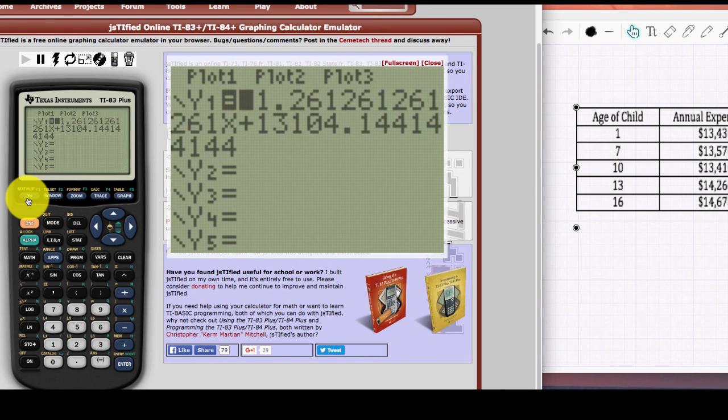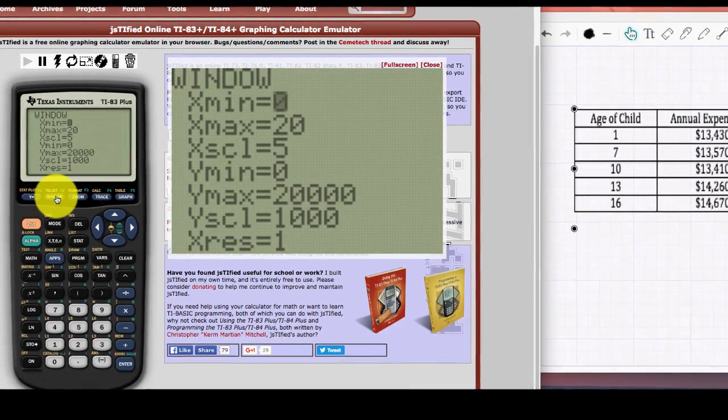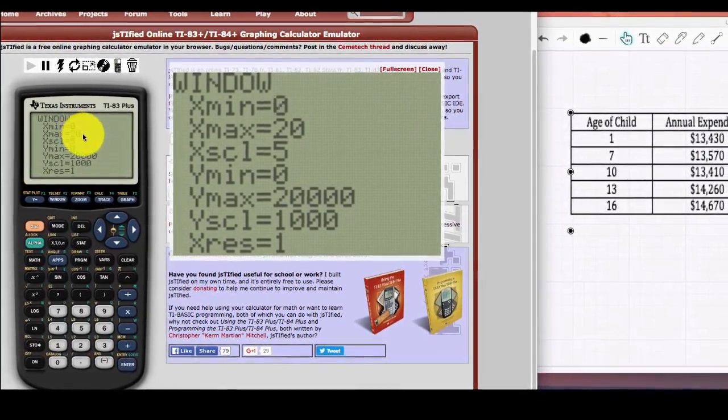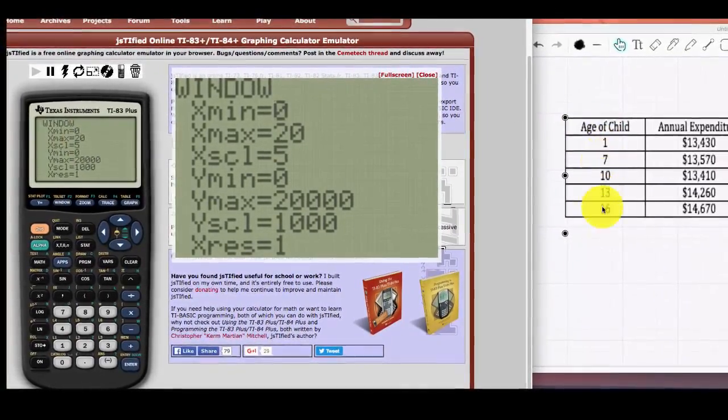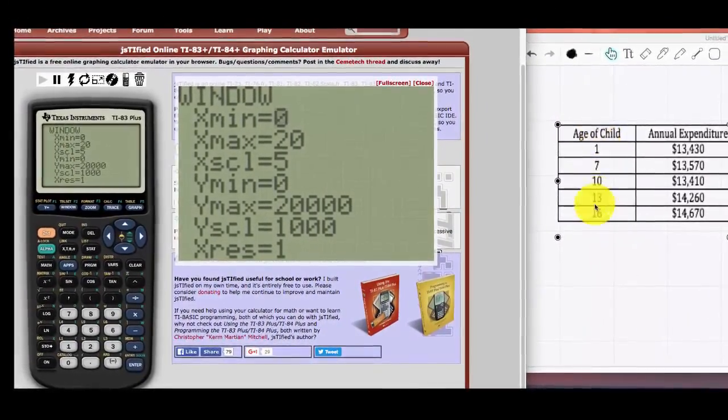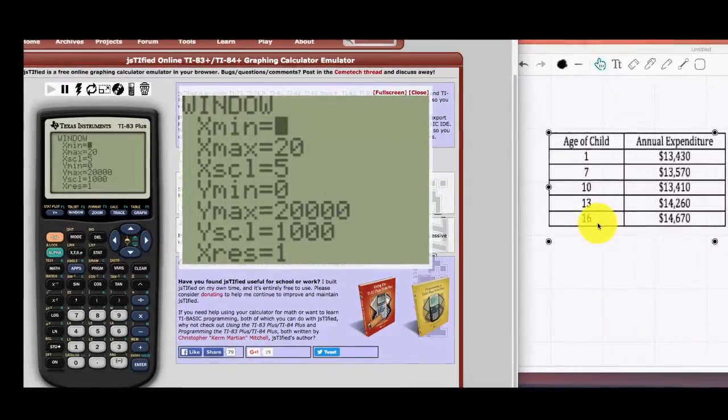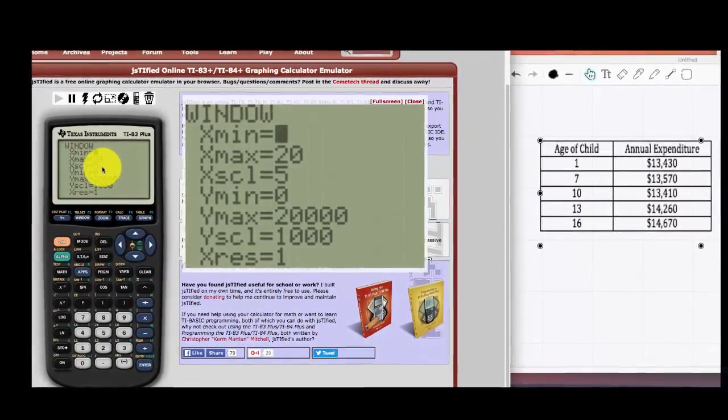Now I want to graph it, but before I graph it, I want to think about what's an appropriate window. So let's go to the window, and this is a good window here to go from 0 to 20 because my X values are actually the age of the child, so that's a good interval for that. This is counting by 5.